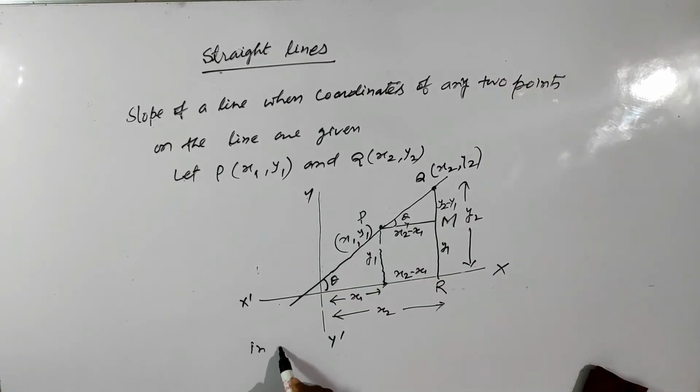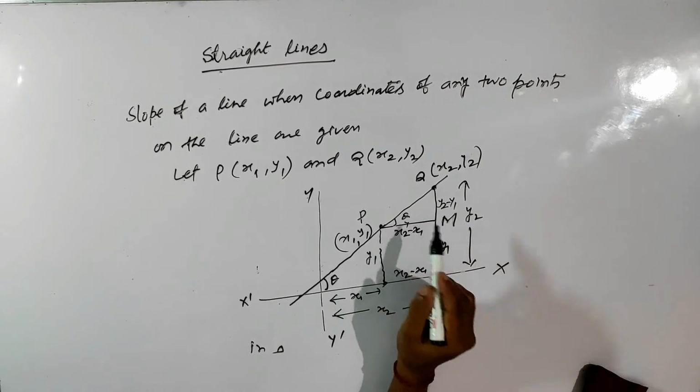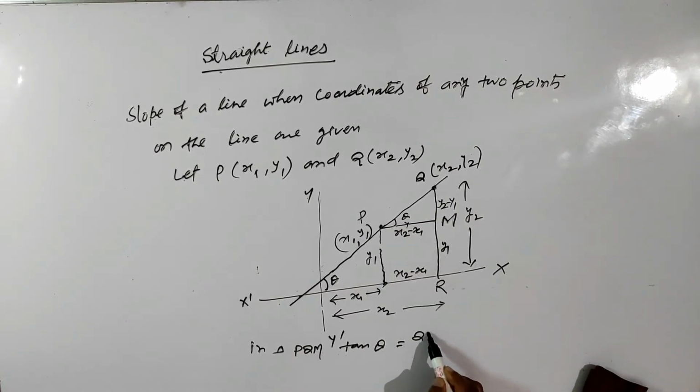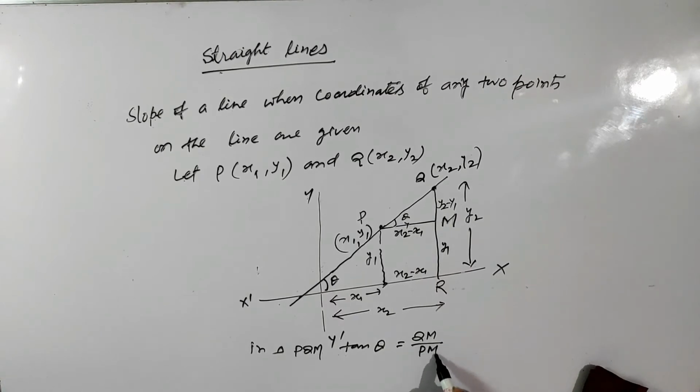Now in triangle PQM, tan theta is equal to QM upon PM, which is equal to (y2 minus y1) upon (x2 minus x1).